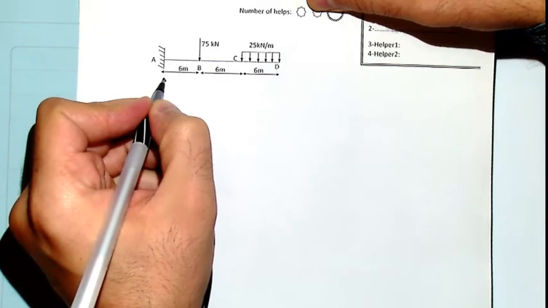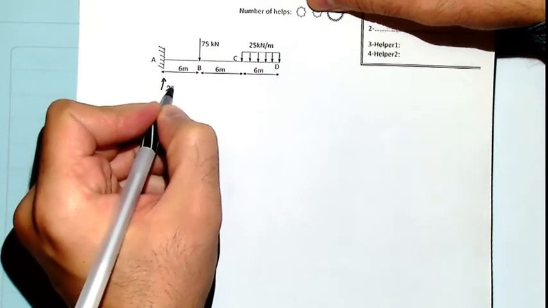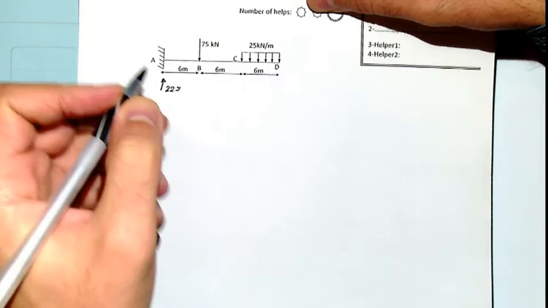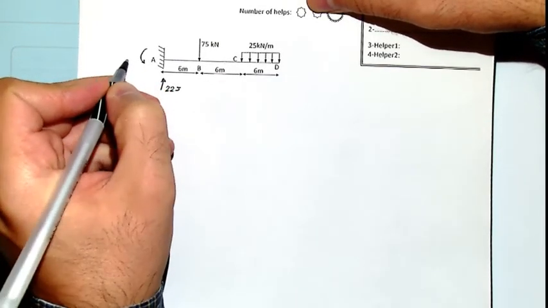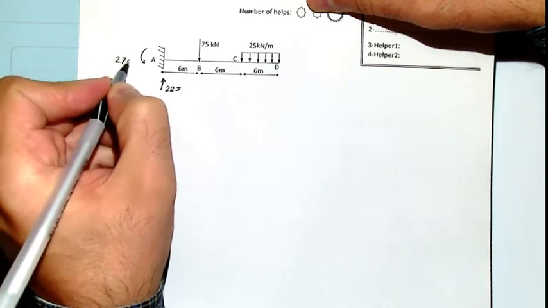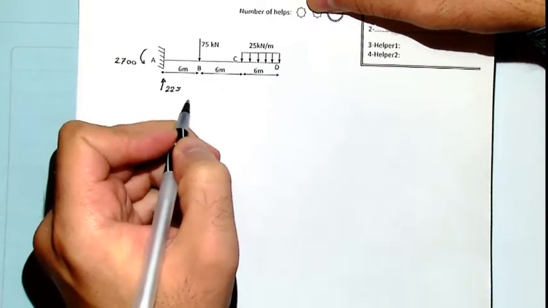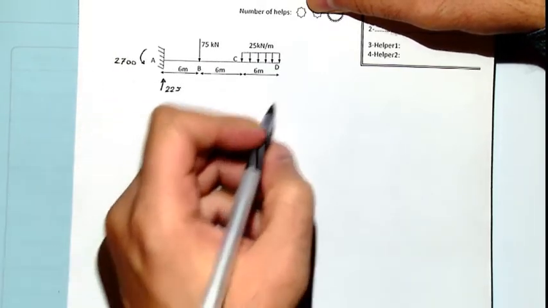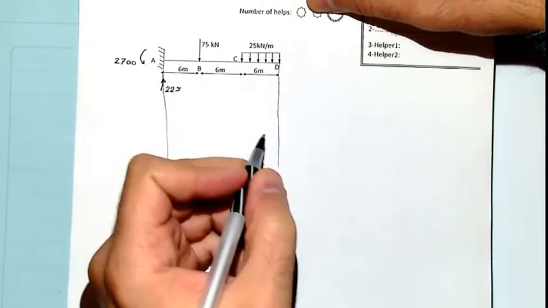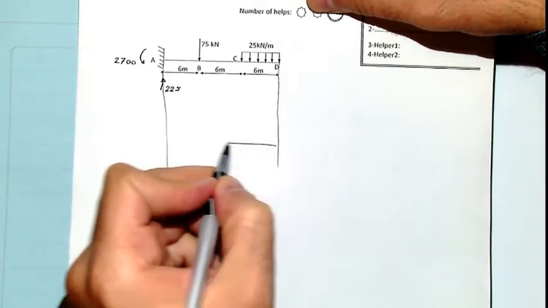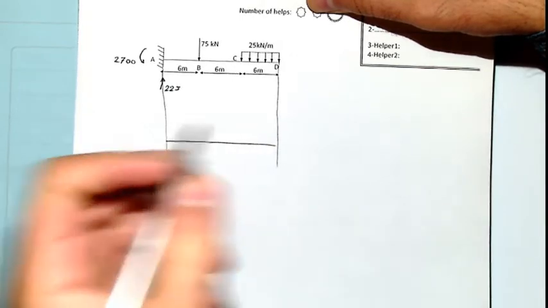The answer is 225, and we have a moment here, 2700. It's best to draw the line underneath the structure as we talked before.